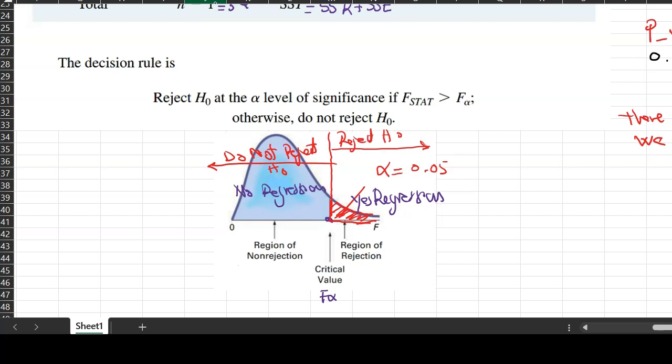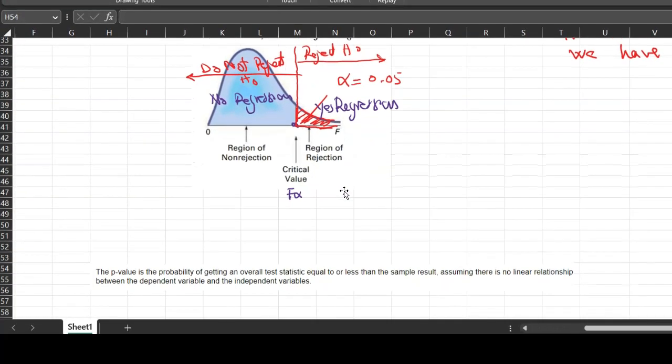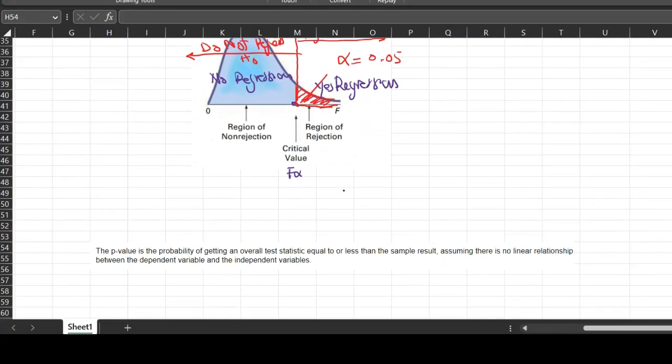Now, the statements that you have over there, most of them are talking about no linear relationship. No linear relationship means no regression. So the F stat therefore has to fall somewhere here.